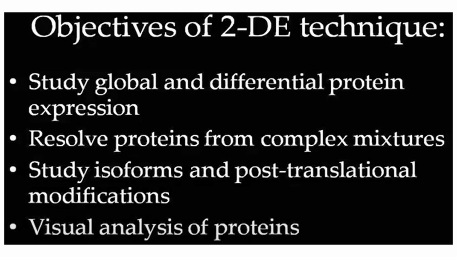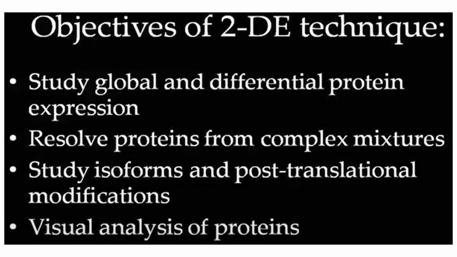Similarly, you can study isoforms and post-translational modifications as well. Post-translational modification indicates glycosylation, phosphorylation, methylation, etc. If a protein is post-translationally modified, it will have a different nature or different function, more functional as compared to the protein without modification.